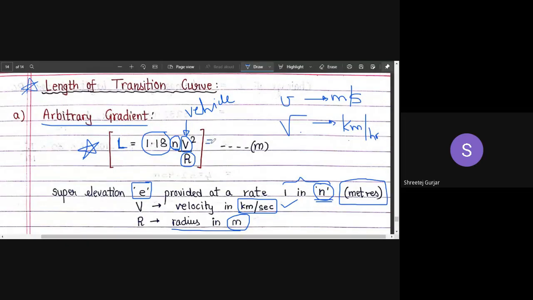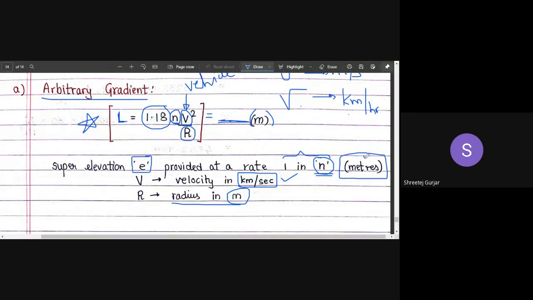Not in kilometers, not in any other unit, but in meters. So make sure while substituting you follow these particular units, right? n should be in meters, velocity should be in kilometer per second, and radius should be in meters.